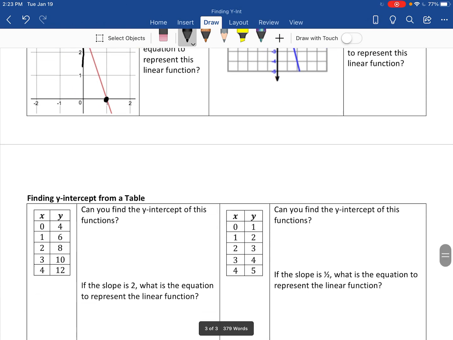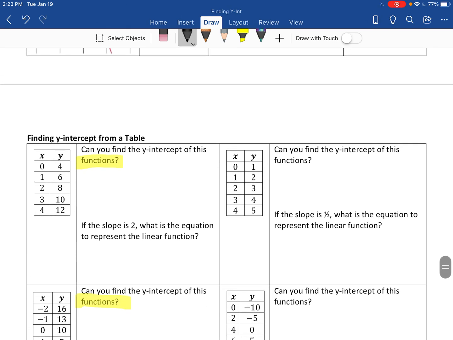All right, so the last part we have is moving on to tables. With tables, we are going to make a couple of notes as well. Tables, pairs are side to side. And pairs will always be an x and a y.